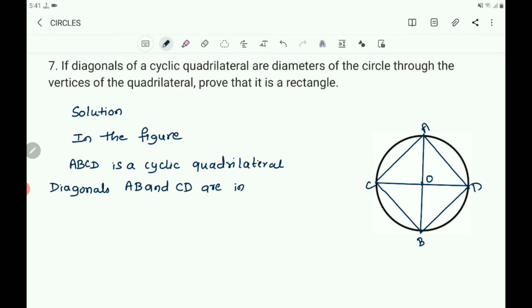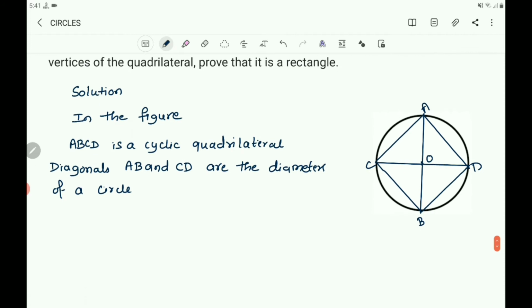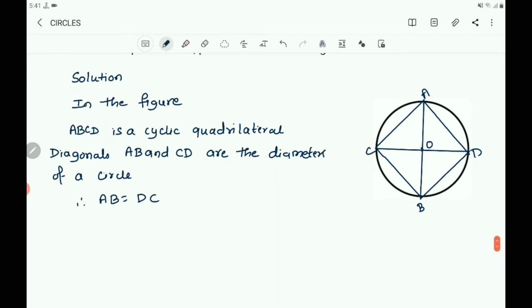They are the diameters of a circle, and also you know that as they are diameters, therefore you can write AB equals DC, and also you write AO equals OB equals CO equals OD because they are the radii of a circle.